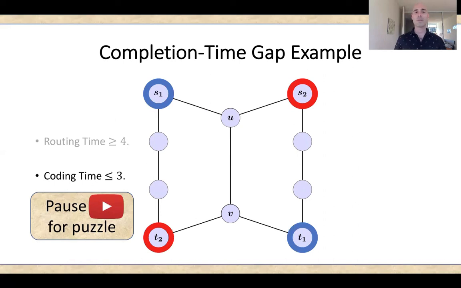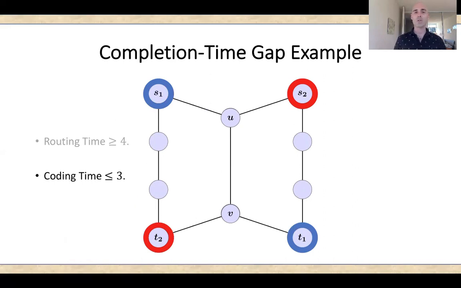So how are we going to solve this instance using network coding in 3 rounds? First, notice that in 3 rounds, we can send the wrong message to each sink. So we can send the blue message to the red sink and vice versa. And in addition, in 3 rounds, we can send a combination of both of these messages. So we'll send X1 and X2 to U, which combines these 2 messages. As we know, red and blue make purple.